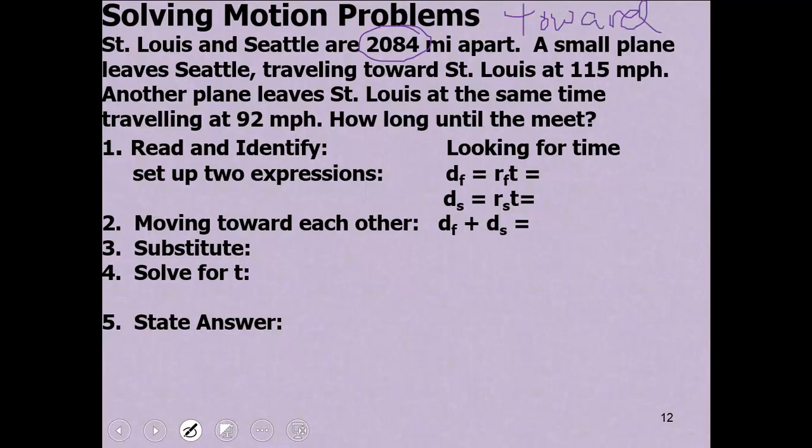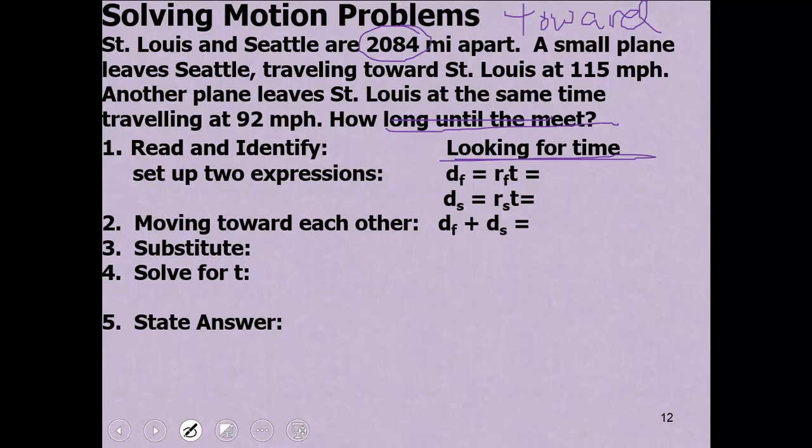They're not going very fast for planes. So what are we looking for? How long until they meet? So we're looking for time. The distance traveled of my faster vehicle is its rate times its time.